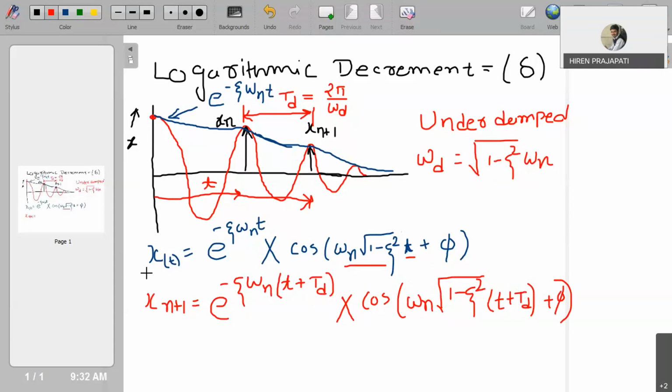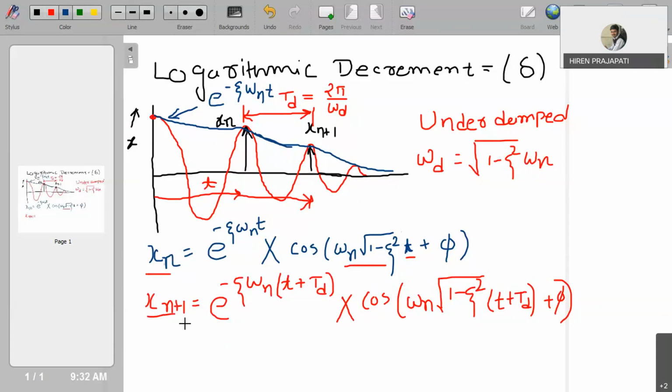So these are the two amplitude equations, and this is nothing but the xn equation, right? Okay.